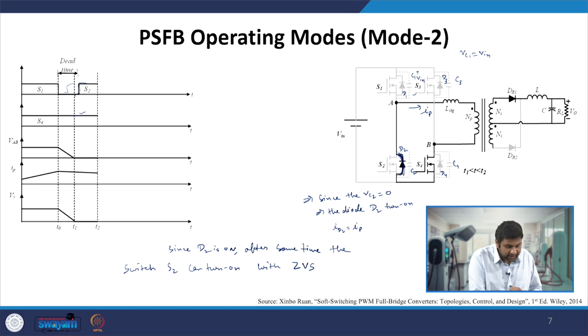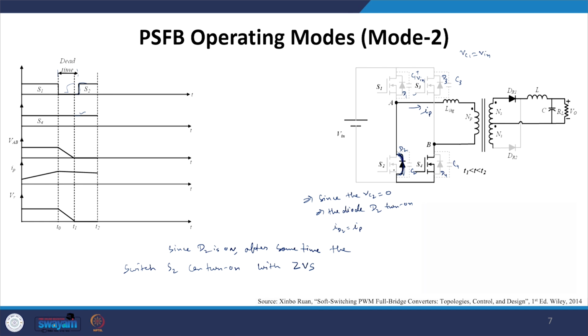However, if you give it before T1, then the voltage across this C2 will not be equal to 0. That's when the diode will not get turned on, and whenever you turn on the S2 switch, you will see certain finite switching loss across this device S2.